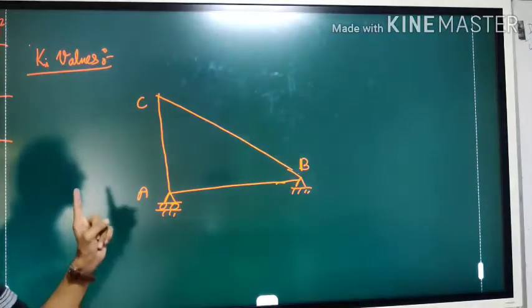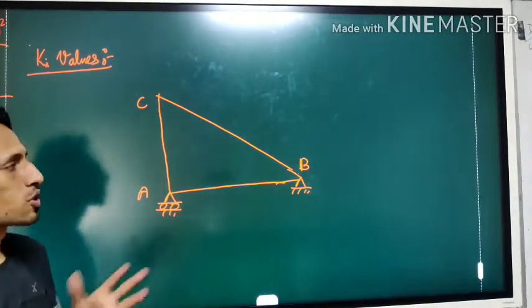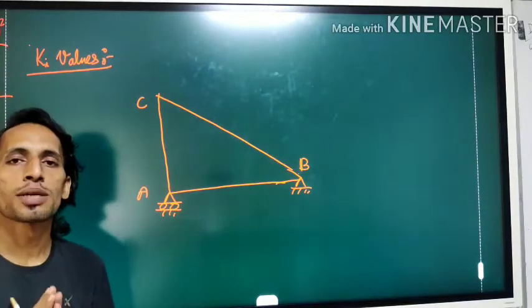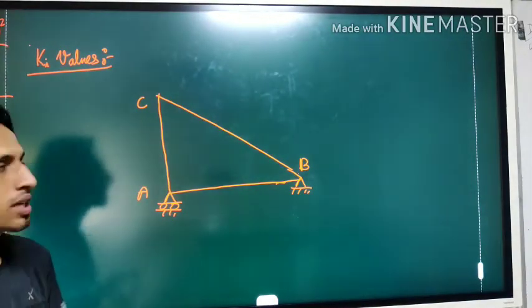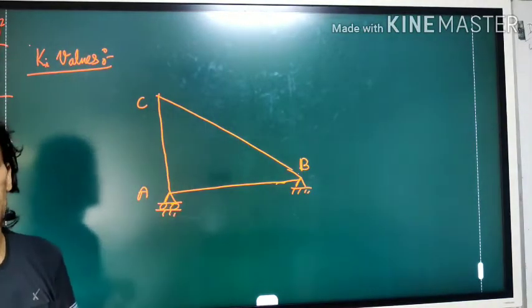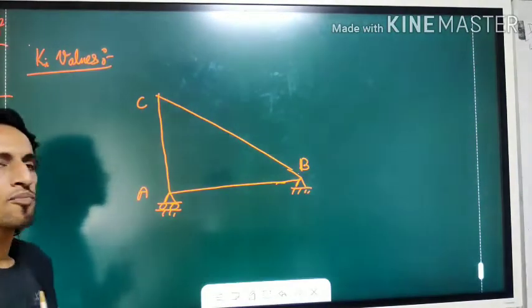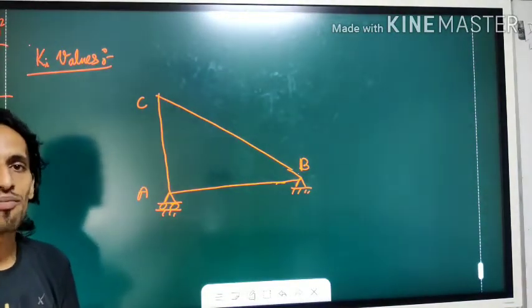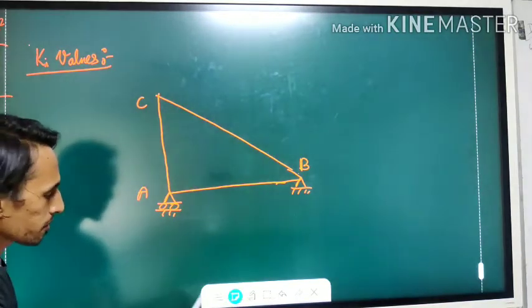Now, when you want to find the K i values, you should draw the truss and you should remove all the loads that were initially applied. So I am not applying any load that was given in the question. Rather, I will apply load in the direction in which deflection is required.